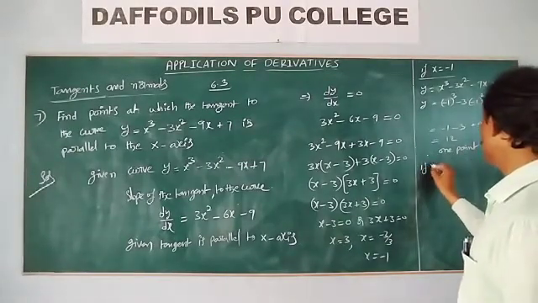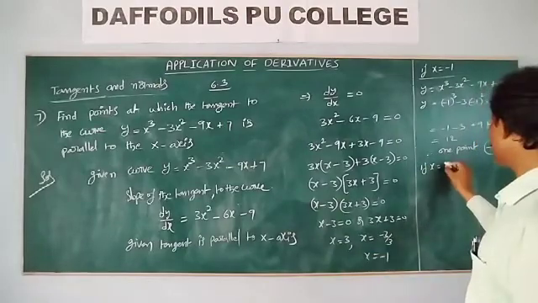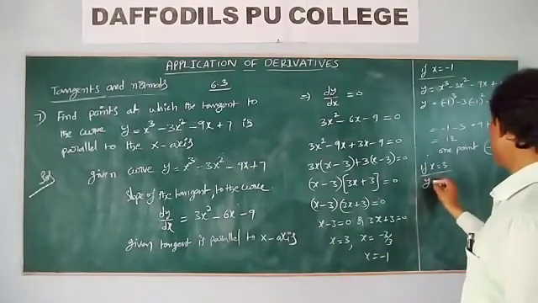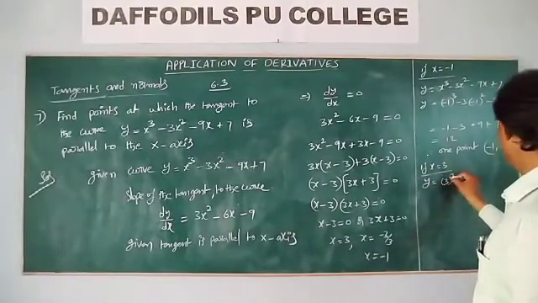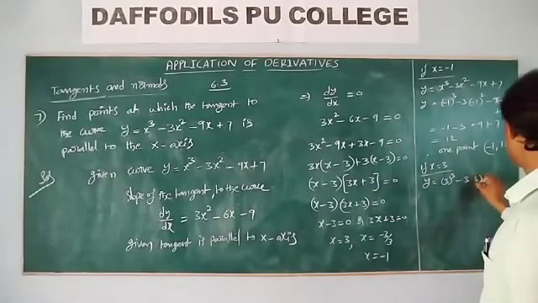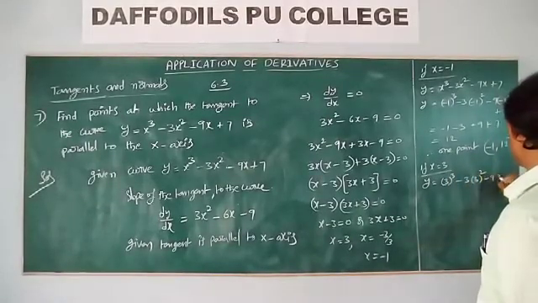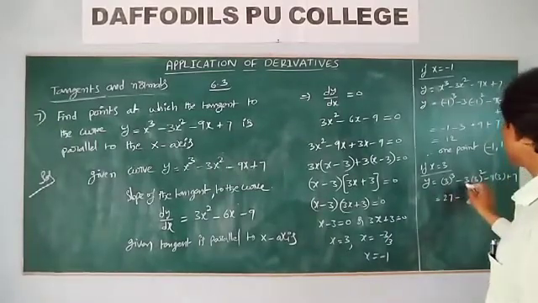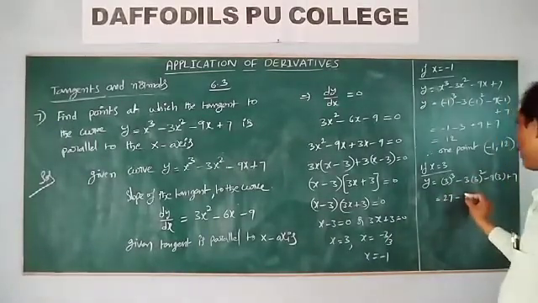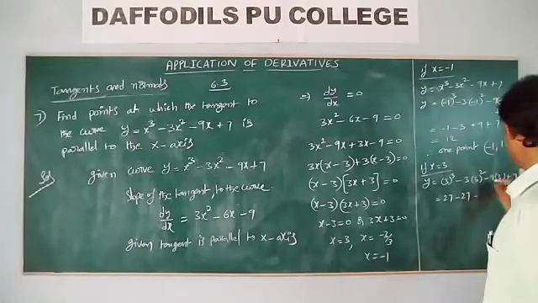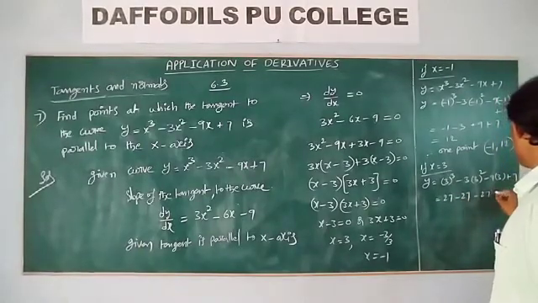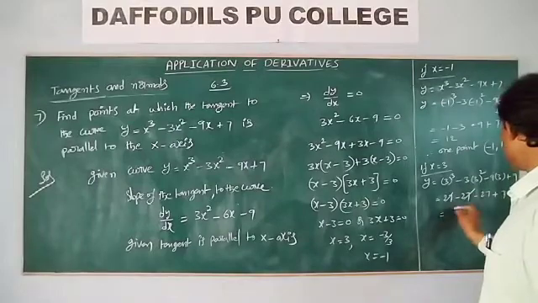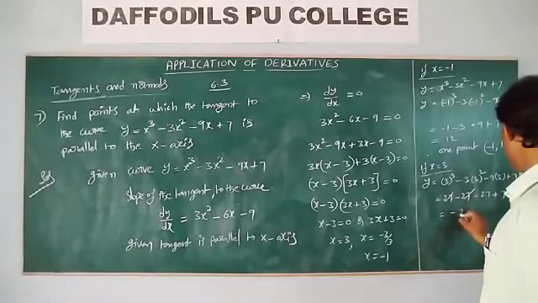Second point, if x is equal to 3, what about y? Y is equal to 3 whole cube minus 3 of 3 square minus 9 of 3 plus 7, 27 minus 9 into 3 is 27, plus 7. 27, 27 cancel, minus 27 plus 7 is minus 20.